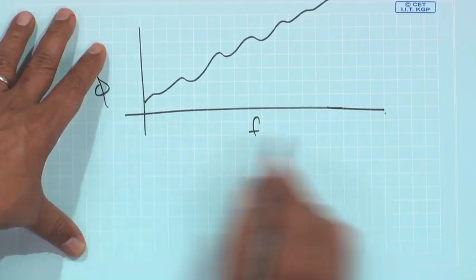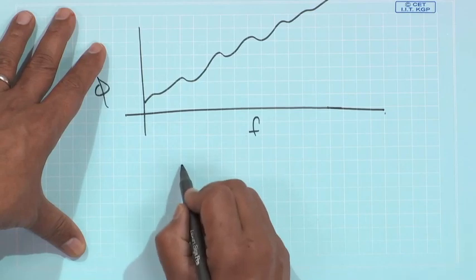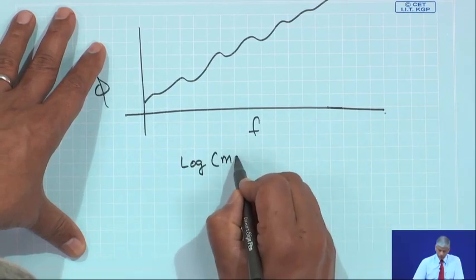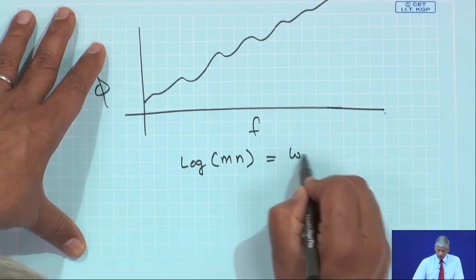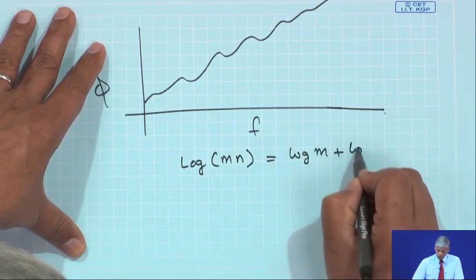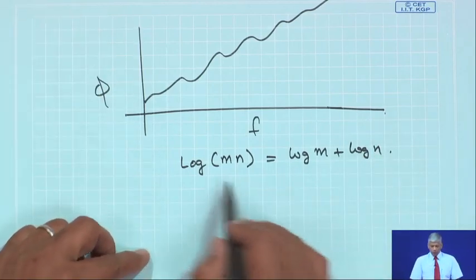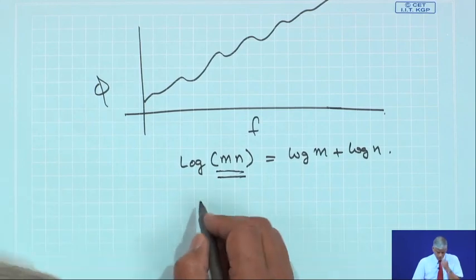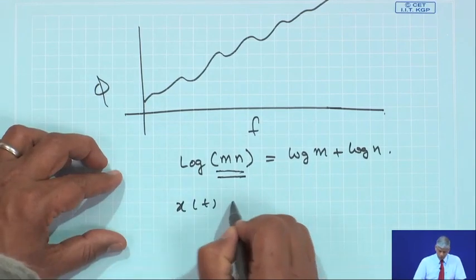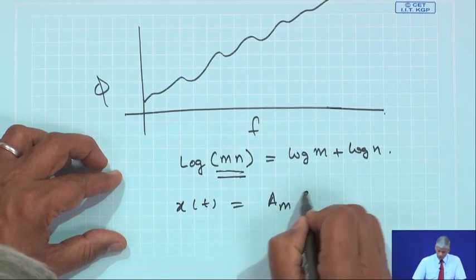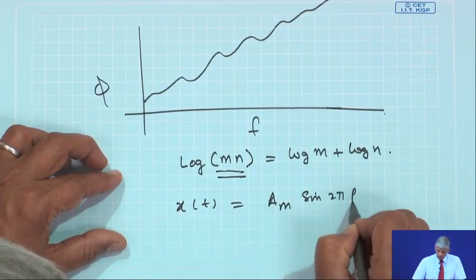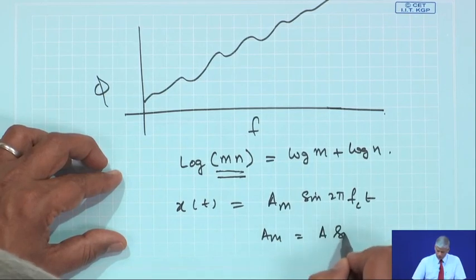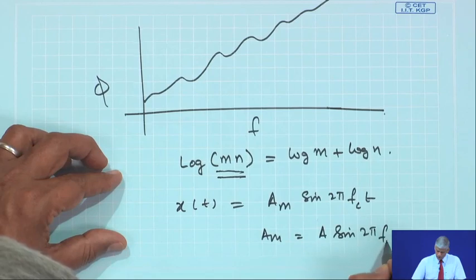But I will tell you how this logarithmic scale helps, and I am sure all of you know from your high school maths that log of m times n is equal to log of m plus log of n. So, if you have modulated signals, for example, I am writing an amplitude modulated signal where x t is equal to a m sin 2 pi f c t, where a m is nothing but some a sin 2 pi f m t.